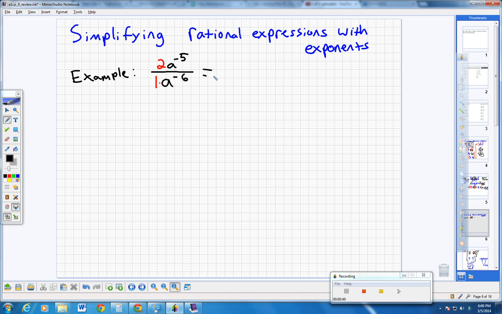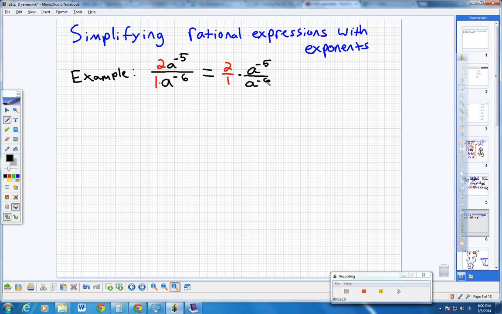So you know that this is going to be equal to 2 over 1 multiplied by a to the negative 5th over a to the negative 6th. Now only half of it looks nasty.